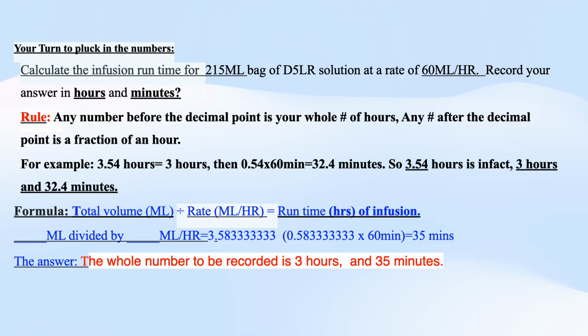Let me check it quickly. 215 minus 180, you have 35 ml remaining to infuse, which makes sense because it's more than half of the hourly rate. It's not a whole hour, because another whole hourly rate would definitely be more than 215.